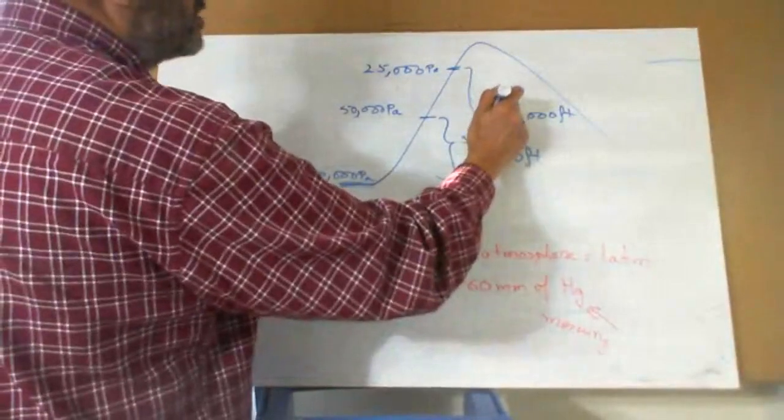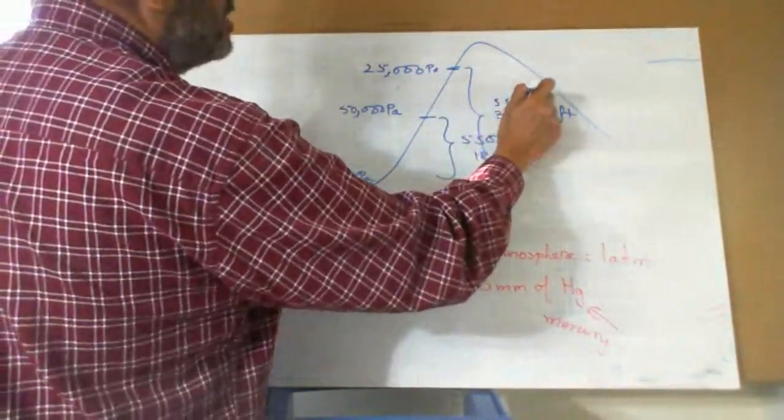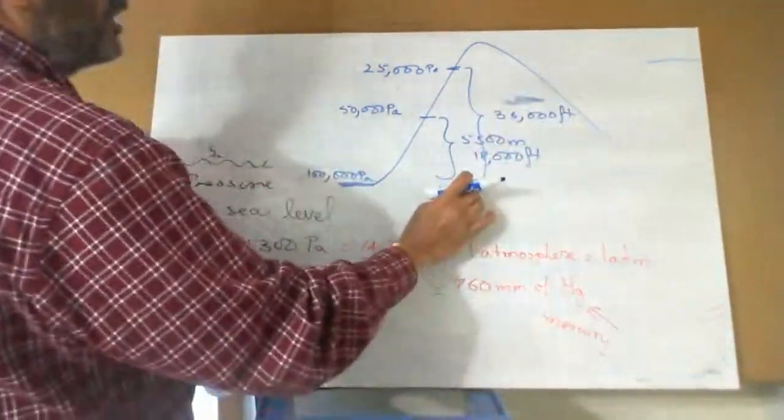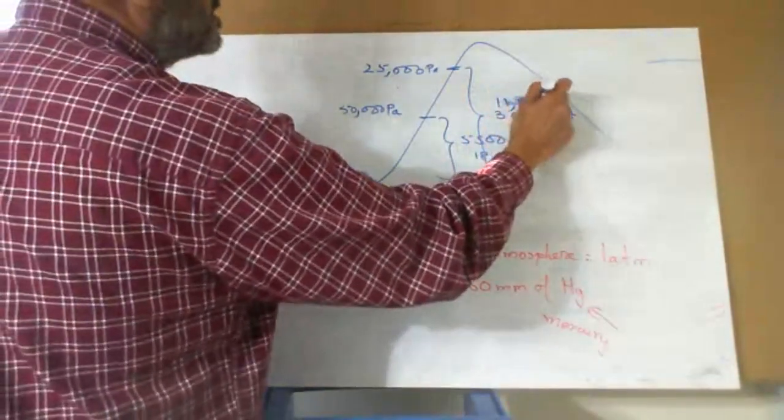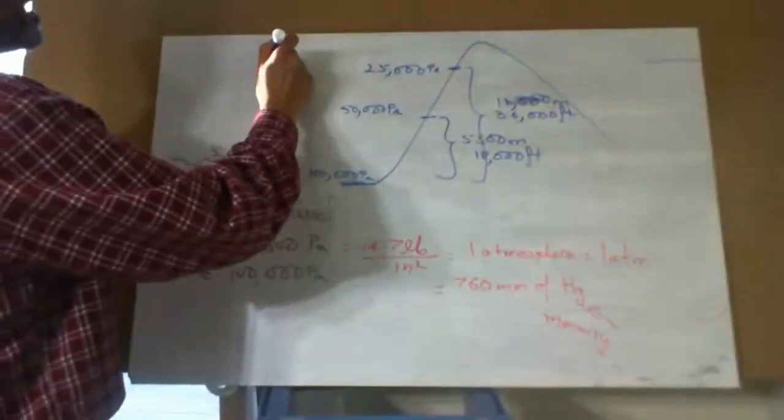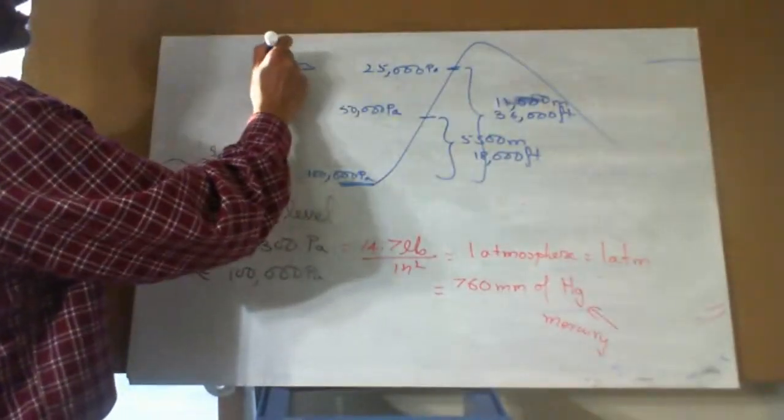Approximately 5,500 plus 5,500 is 11,000 meters, which is 36,000 feet. By the way, 36,000 feet is where airplanes fly.